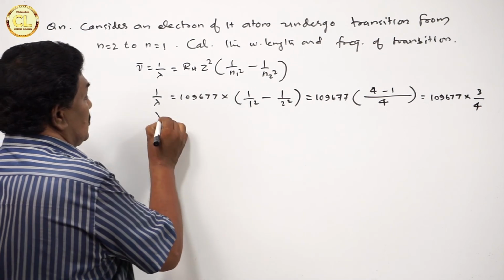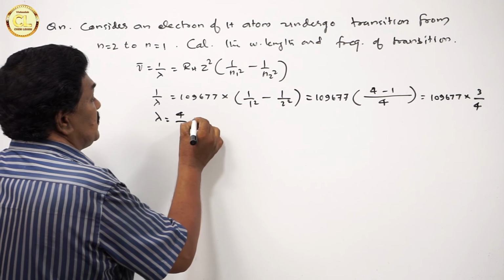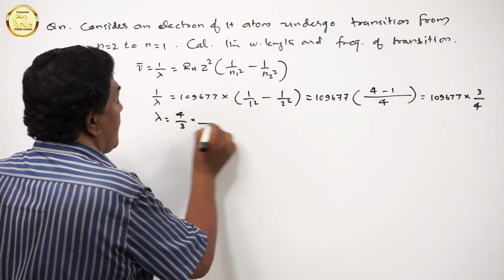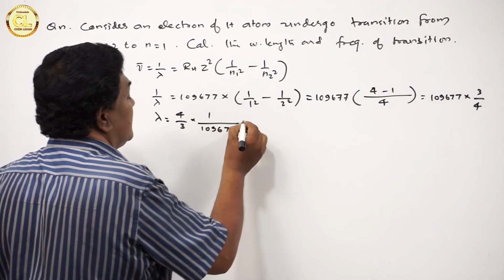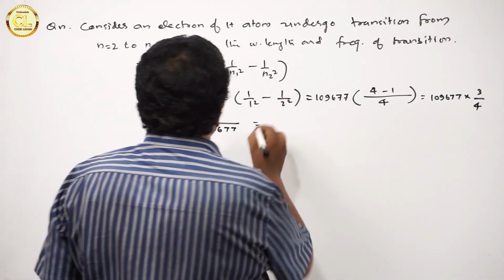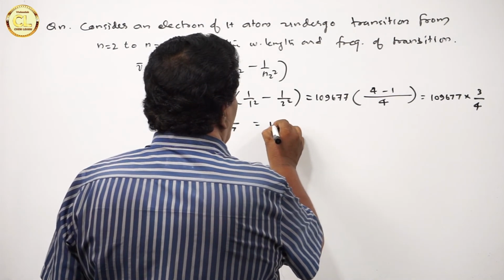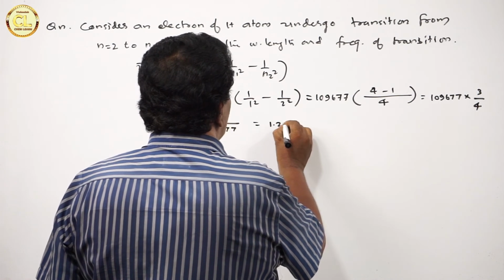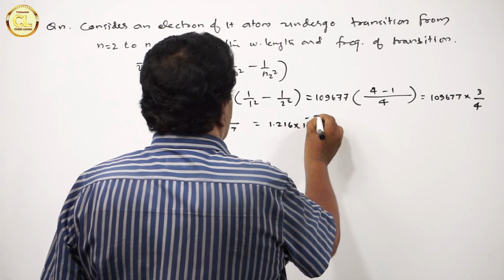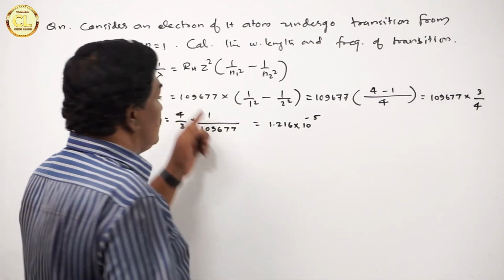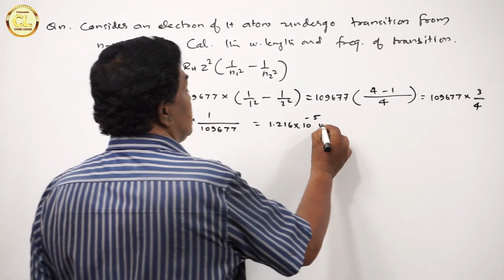See, lambda is equal to reciprocal of this. That is 4 by 3 into 1 by 109677. That is equal to 1.216 into 10 raised to minus 5 centimeter.